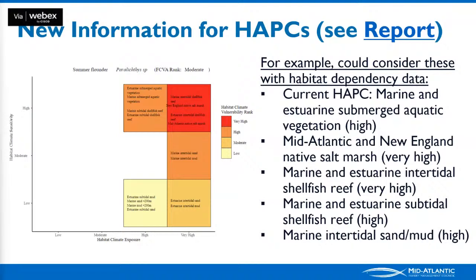And I know in that bottom one, when I first looked at it, I was like, sand, mud? But a lot of our species, like summer flounder, use structured sand shoals offshore, where they do a lot of sand mining and other sort of beach renourishment activities. So sand is an important habitat for some of our species. So this is just, again, an example of one way that your fishery management action team, if you form one for this amendment, would work through this process of figuring out how to integrate some of this.